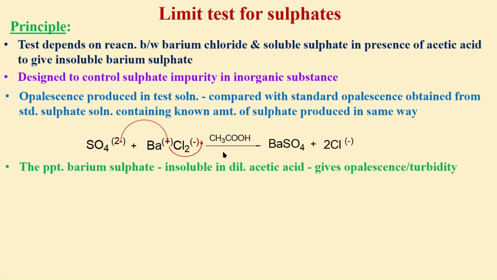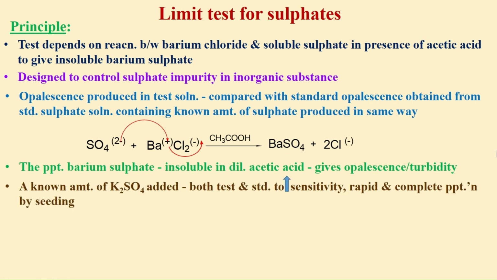In other words, it decreases the solubility of barium sulfate in water, and it helps in producing good opalescence or turbidity. As these sulfate ions are present in small amounts as impurity, the precipitation that occurs gives turbidity.